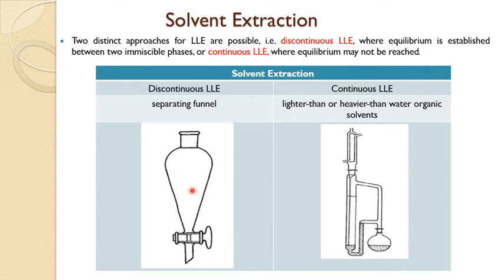You can see the two distinct layers, one organic and one aqueous, depending on whether the organic solvent is heavier or lighter. After that, you open the cork gently and collect one phase, then close the cork.